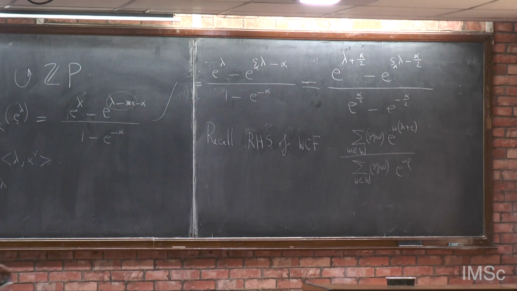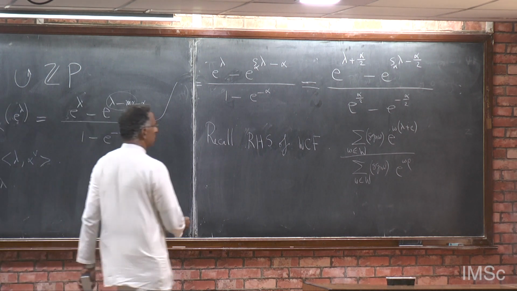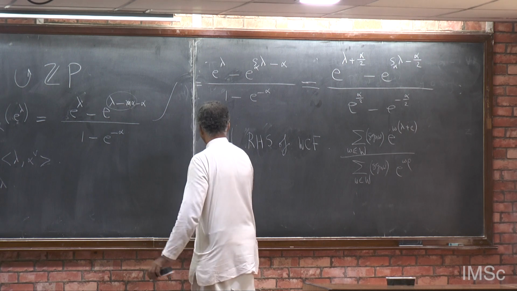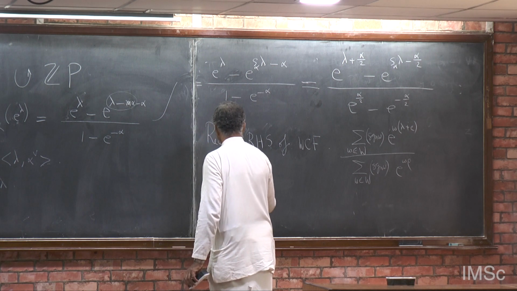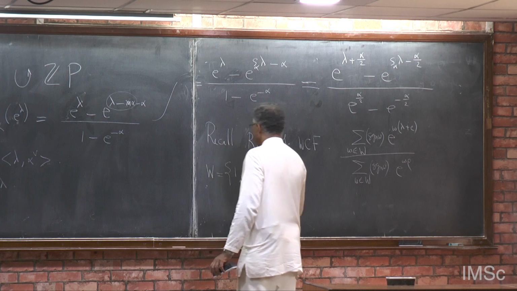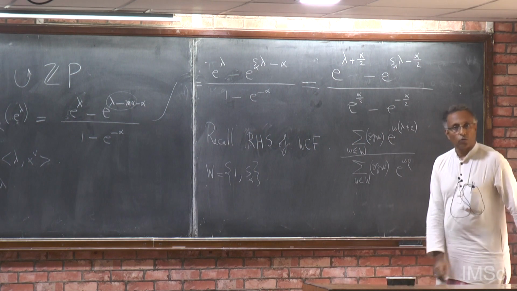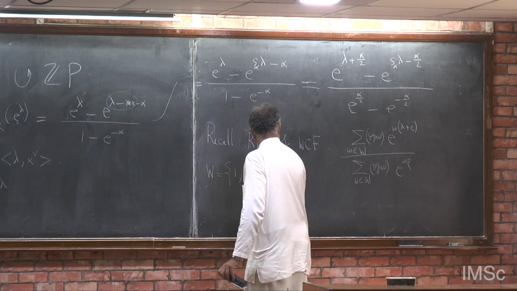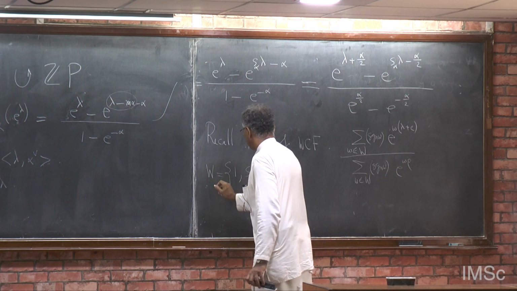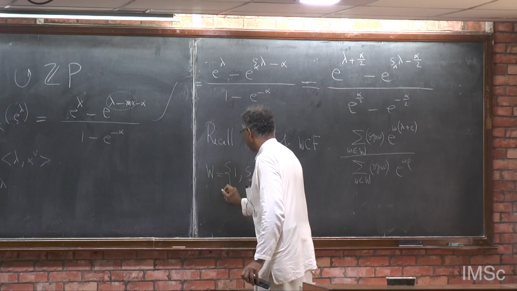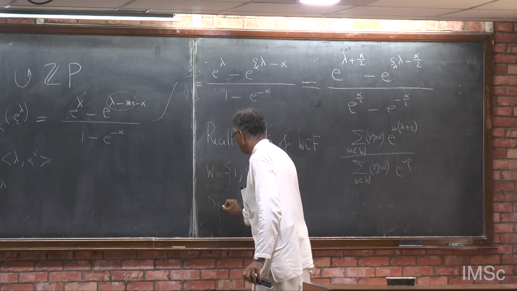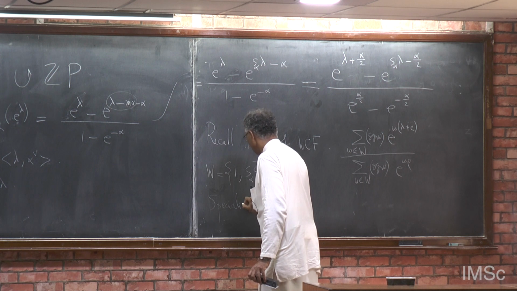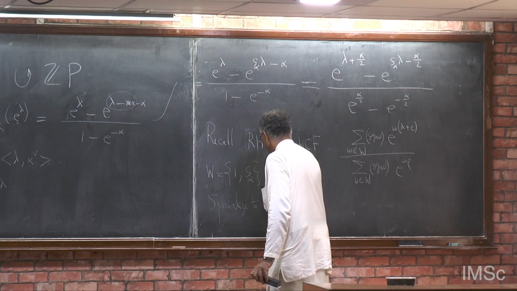Now, let us specialize to the case of SL2, where G is SL2 and W is just the group generated by these two elements, a group consisting of these two elements. So what does this become?